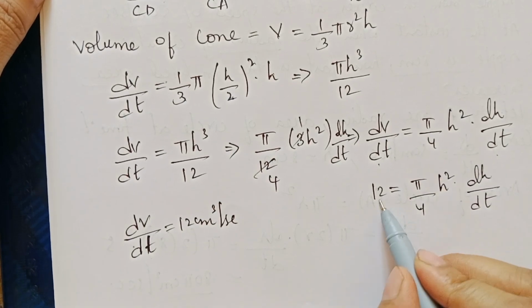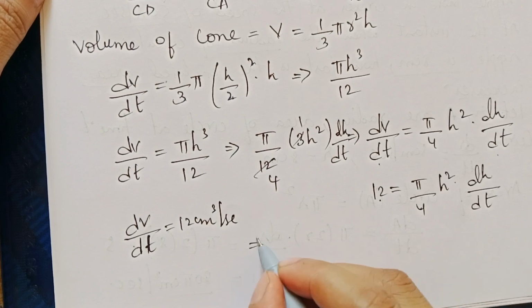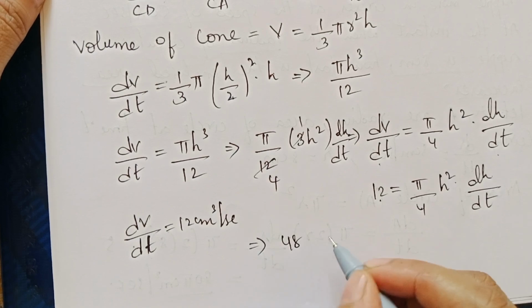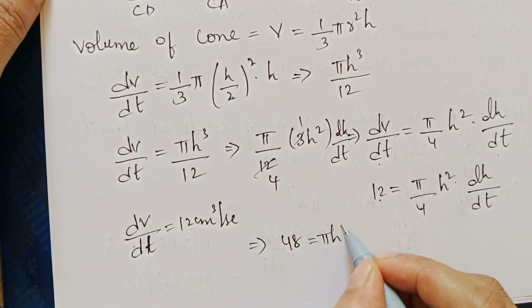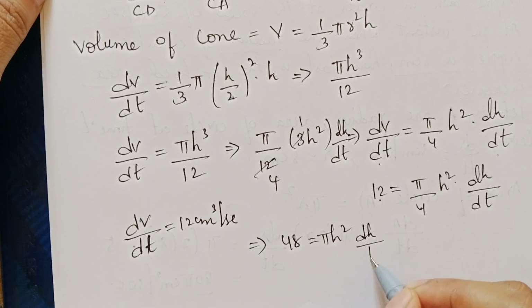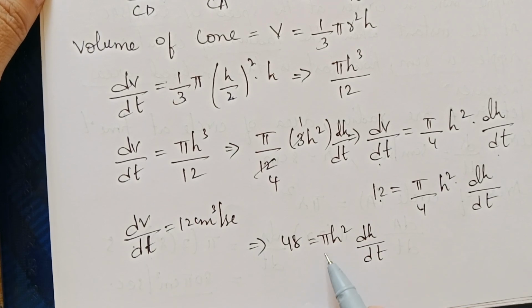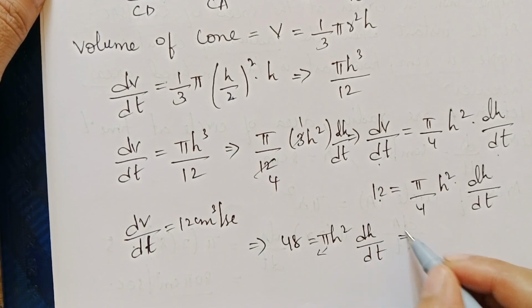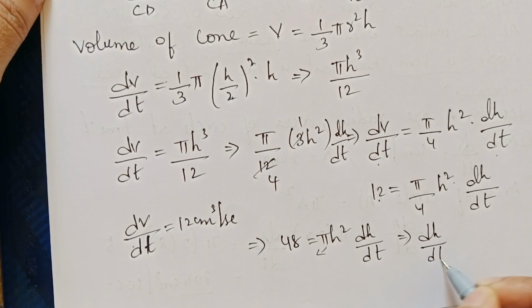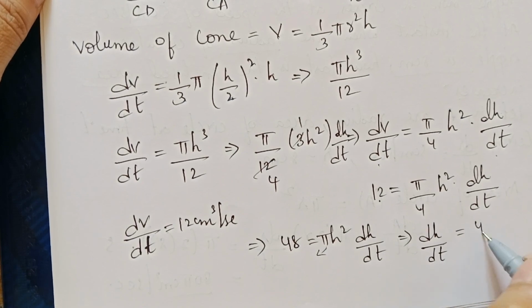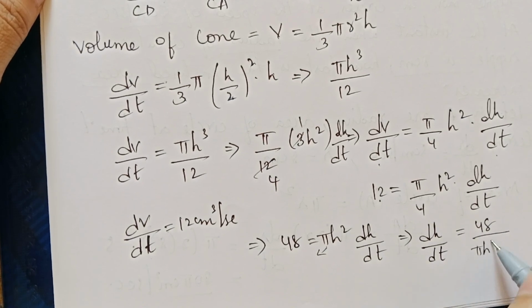This 4 is multiplied with 12, so 12 fours are 48 equals pi h square into dh by dt. Shifting this term there, we get dh by dt equals 48 by pi h square.